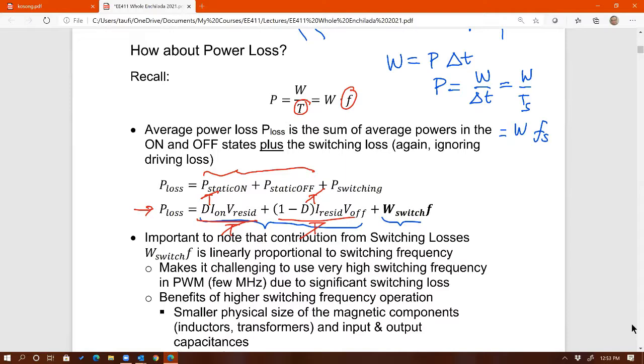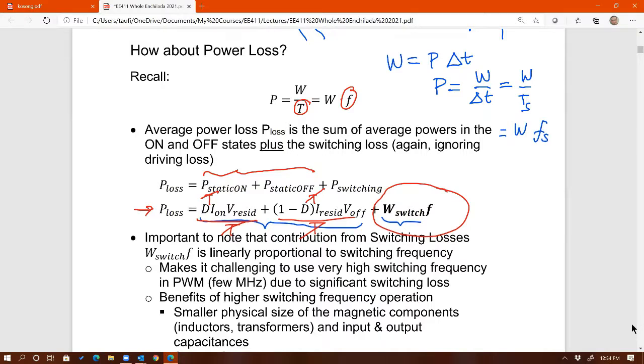Okay, any question on this one? All right, our focus is on the last one, right there. You can see that I did not simplify W switch. Remember, I could not do that because again, it would depend on the shape of the waveforms. So I'm just going to leave it as W switch.